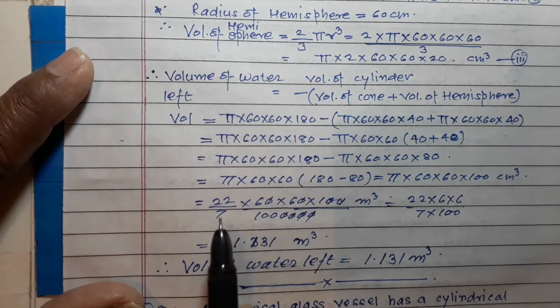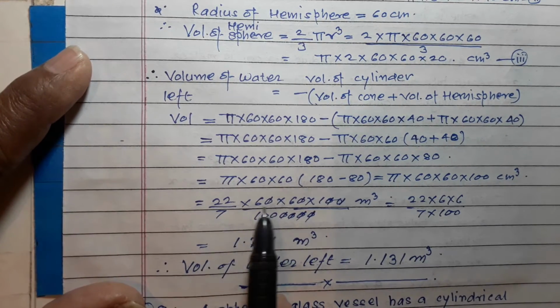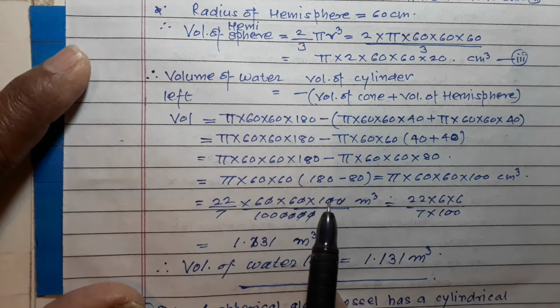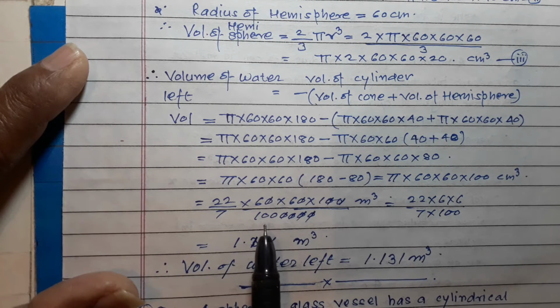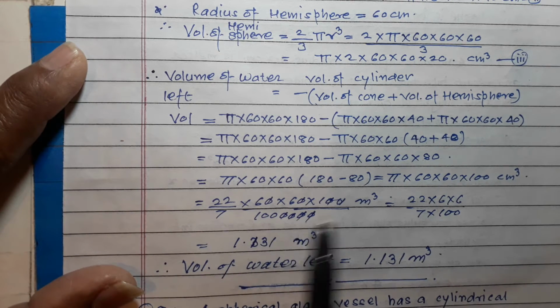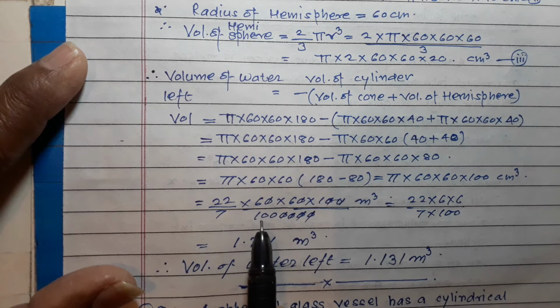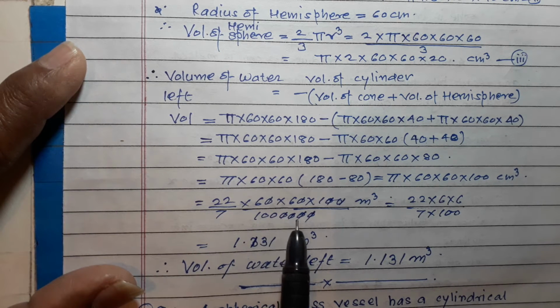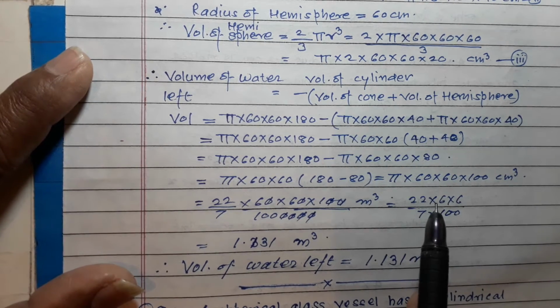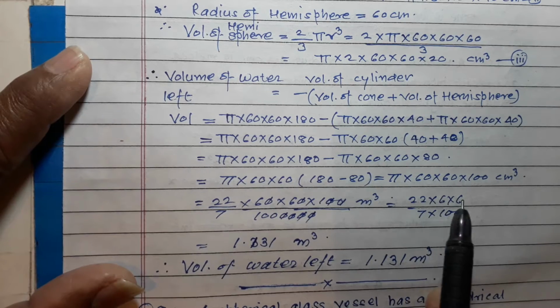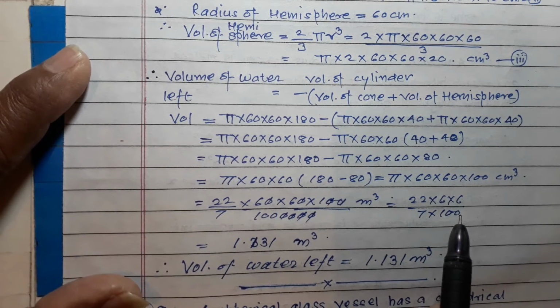So simplify this, 22 upon 7 into 60 into 60 into 100. Now convert this into meter cube, dividing by 1,000,000, which gives 22 into 6 into 6 upon 7 into 100.